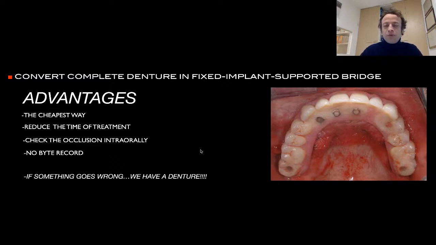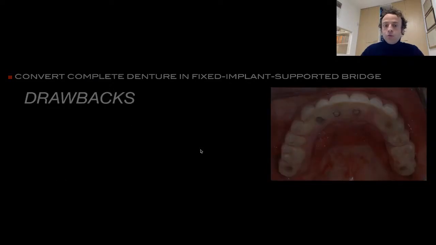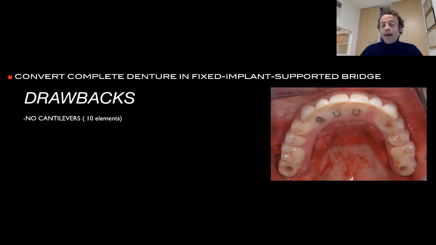Because for the fully edentulous patient, for me it's important to have a workflow that is repeatable and simple to use and to adopt. The drawbacks of this technique are that we don't have cantilevers, so we have a number of teeth that ranges from 8 to 10 elements. Of course, it requires a correct vertical space because we have a full acrylic prosthesis.